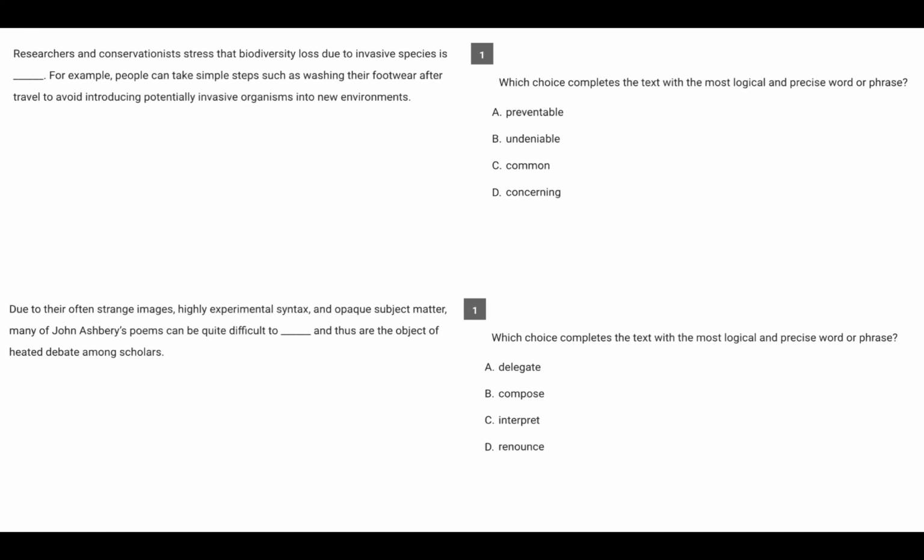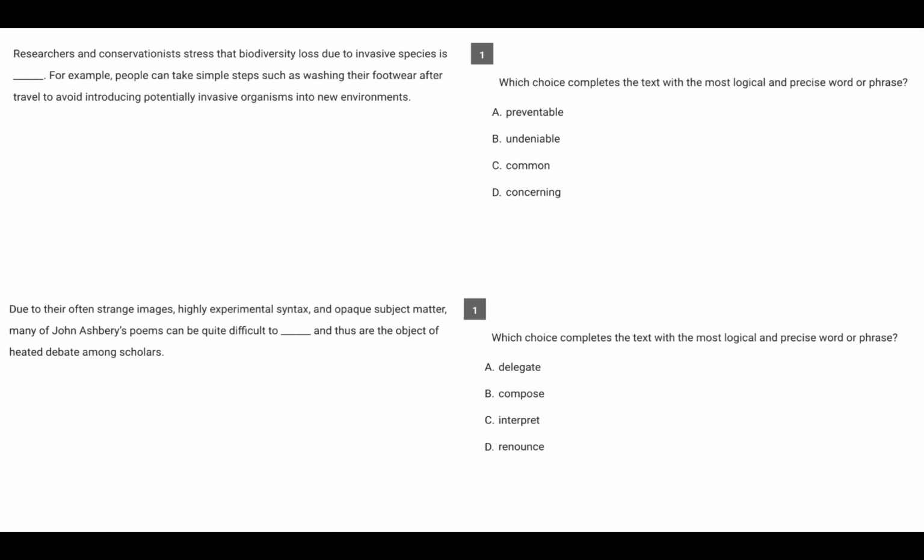Due to their often strange images, highly experimental syntax, and opaque subject matter, many of John Ashbery's poems can be quite difficult to something, and thus are the object of heated debate among scholars. Okay, so first of all, again, they're telling us something.